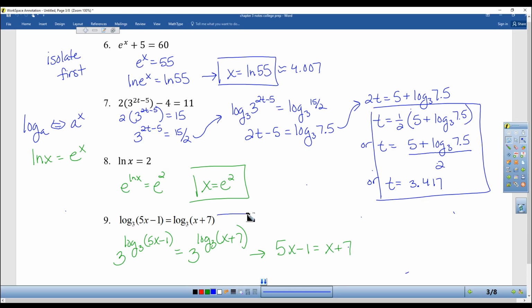Good for you if you saw that you could have gone this way directly. Whenever you have two logs with same bases, then the insides must be equal. So you didn't actually need to do this step, but I wanted to show you that either way is going to work. And then at the same time, I can subtract x and add 1. x is equal to 2.